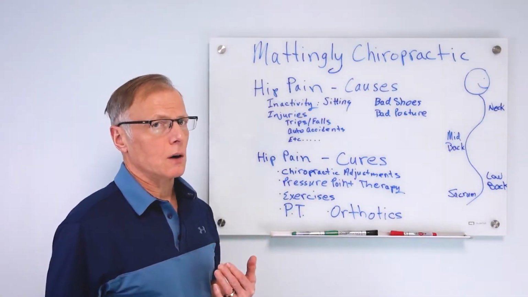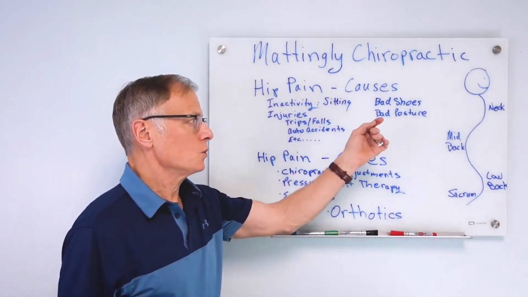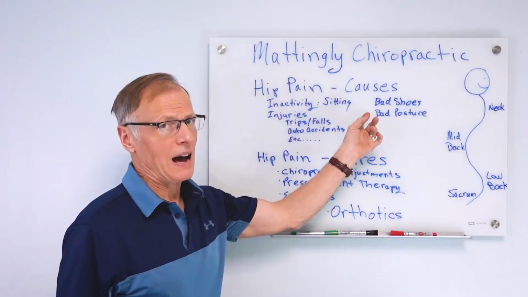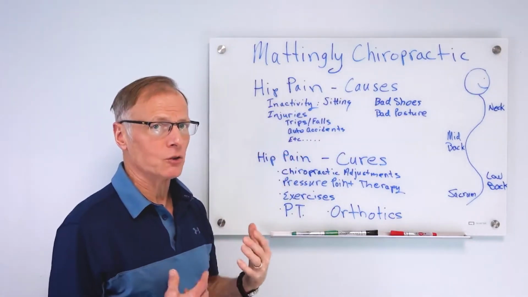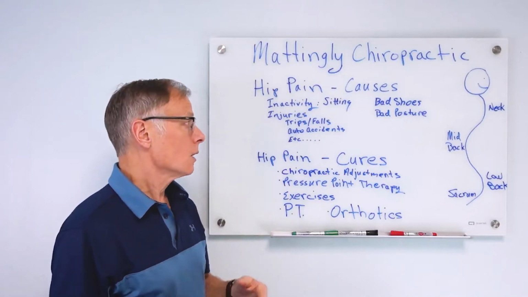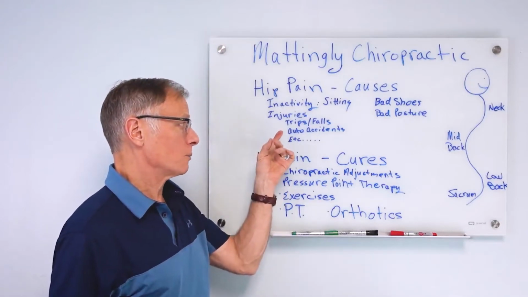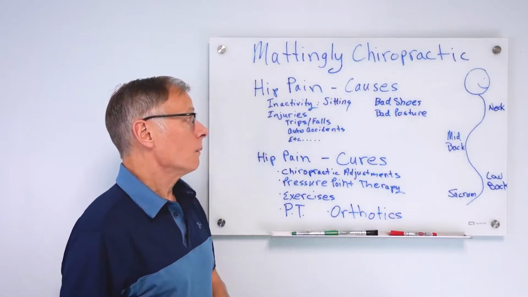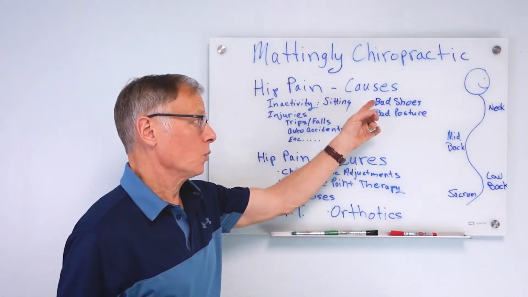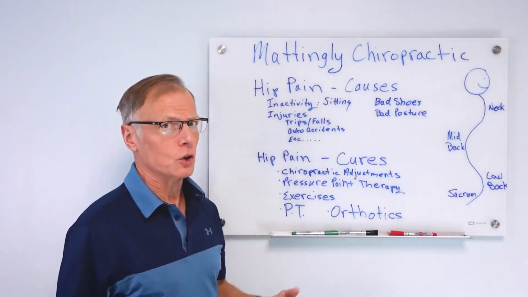Other things that can cause problems are bad shoes and bad posture, which actually relates back to how your spine has been injured, in most cases due to injuries, trips, auto accidents, inactivity, and so on. These are easily handled too, like bad shoes. Well, you get good shoes.